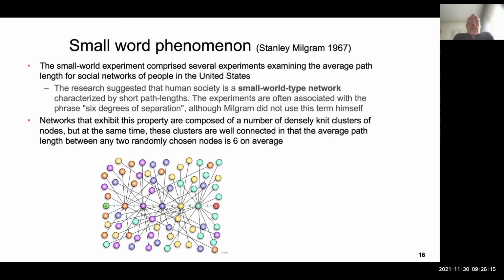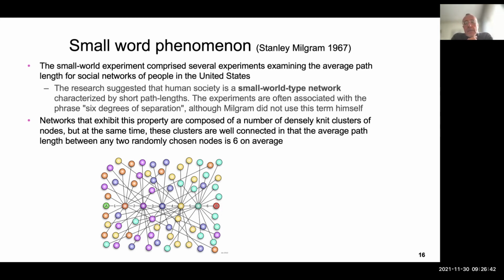What has been called the small world phenomenon was studied by Milgram in 1967, and he used postal means for doing that, sending postcards in the USA.